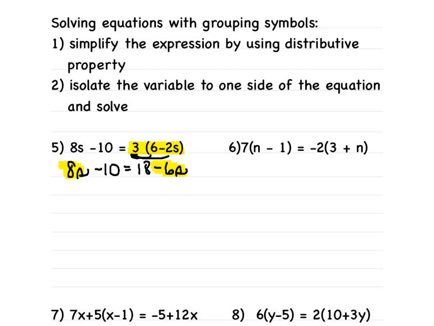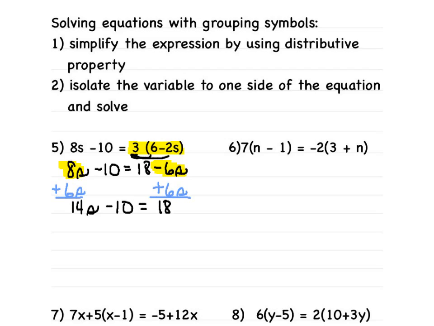Well, of course, negative 6 is smaller. To remove a negative 6s or a minus 6s, I'd have to add 6s. And whatever I do to one side, I'm going to do to the other. Okay, let's go ahead and write the resulting equation. 8s plus 6s is 14s minus 10 is equal to 18.